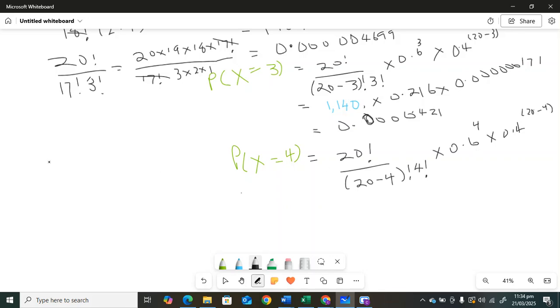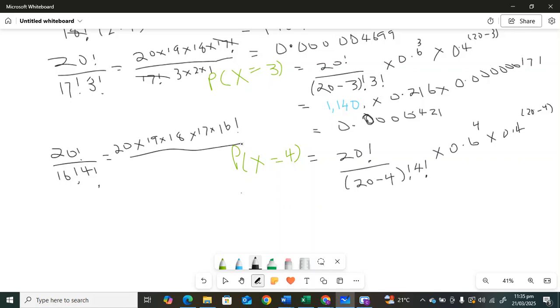So it's 20 factorial divided by 16 factorial, 4 factorial. Since 16 is at the bottom, 20 times 19 times 18 times 17, then you end at 16 factorial.